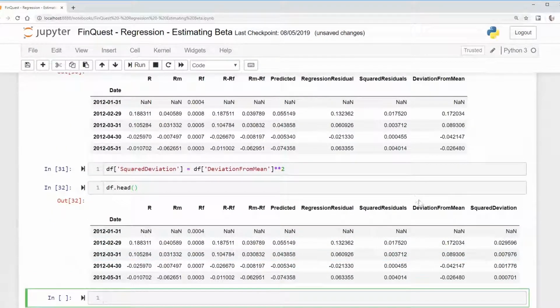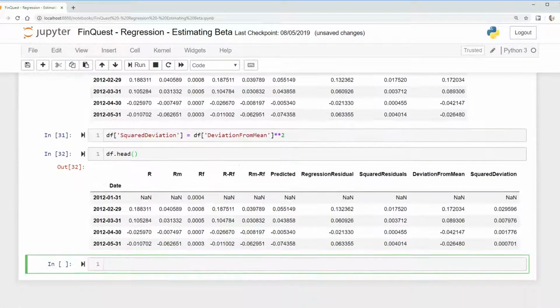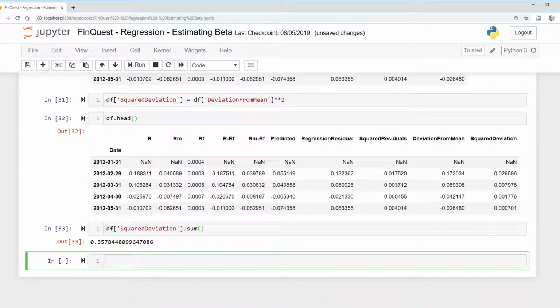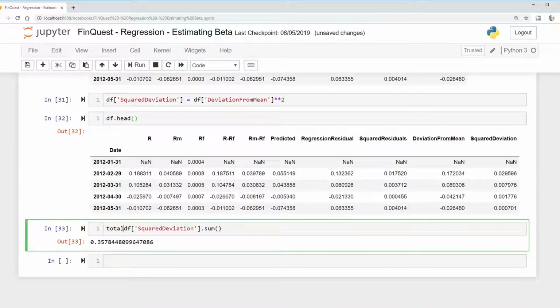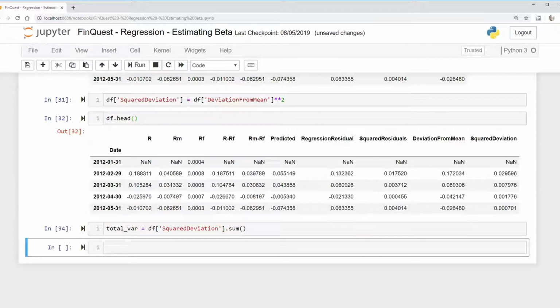Now all we need to do is sum these values up. So we'll take our squared deviation column, dot sum. There we go. We're going to initialize this and call it total var, total variance.